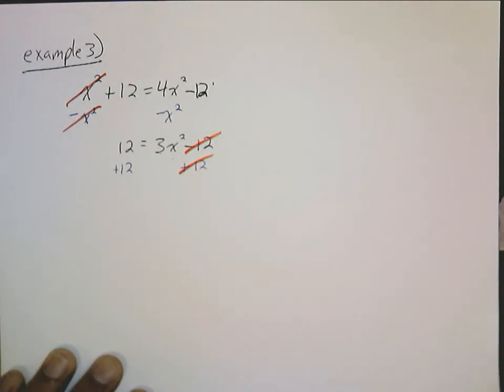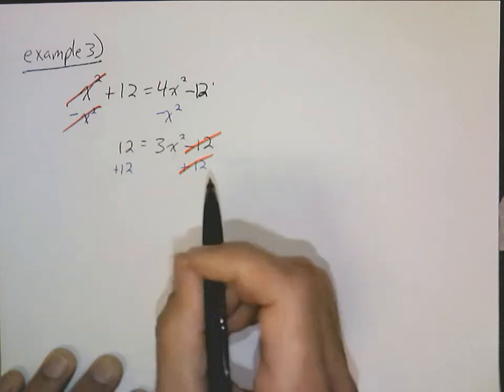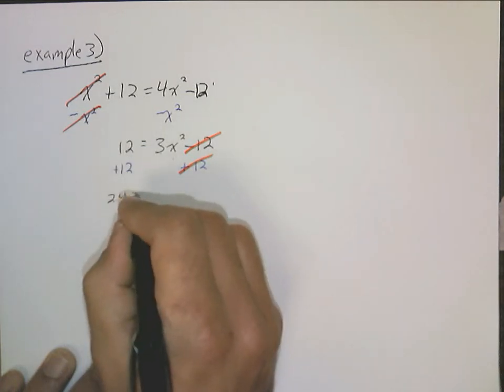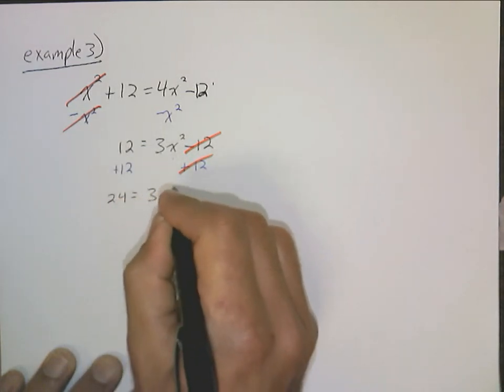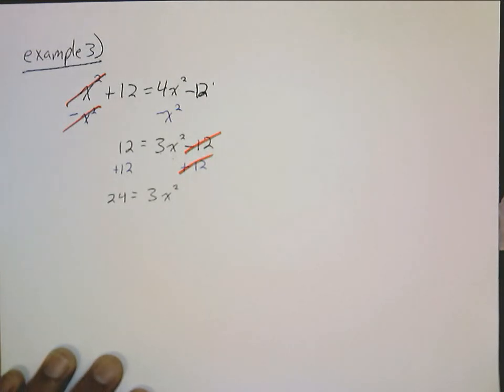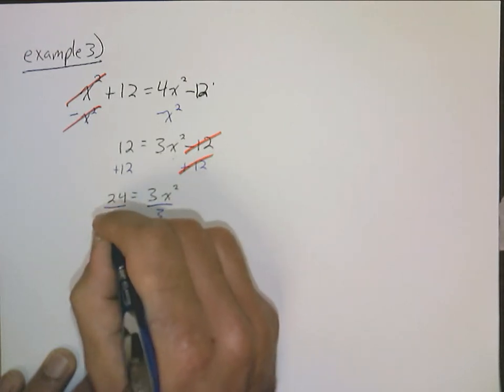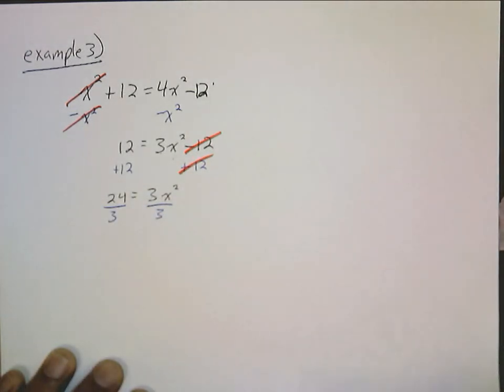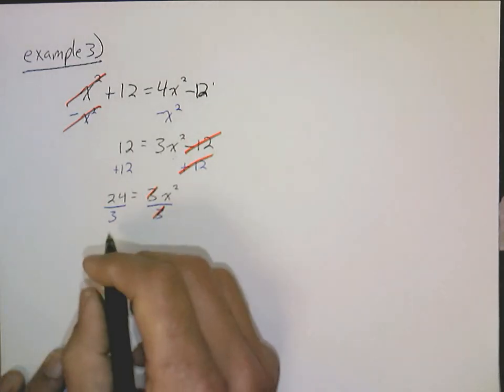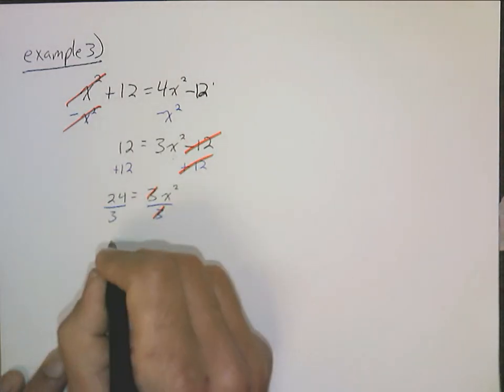That makes those go away. 12 plus 12 is, of course, 24. Now we can divide both sides by 3 to get rid of that. 24 divided by 3 is, of course, 8.